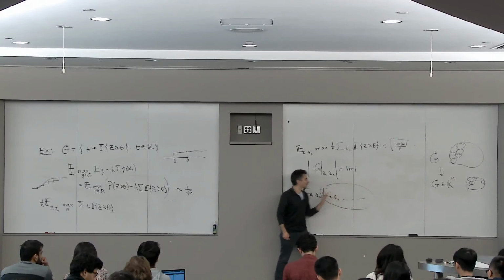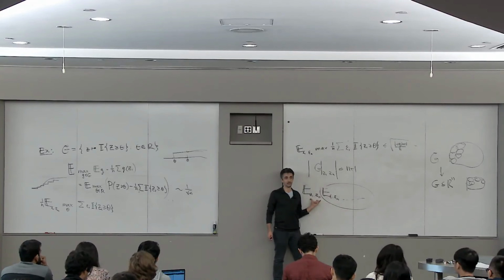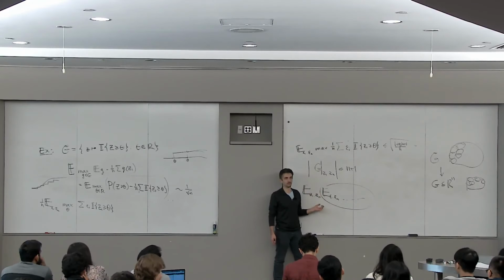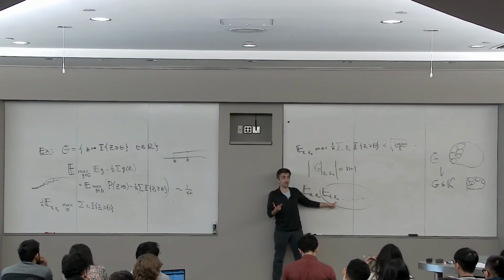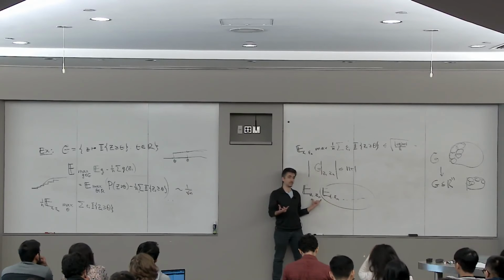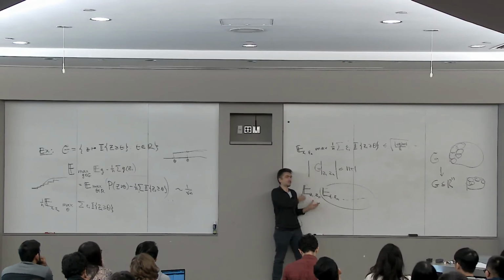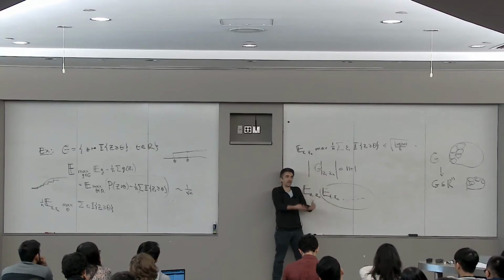If you get an upper bound on this which does not depend on the data, that's fine. That's all, right? There's an expectation sitting outside, it doesn't matter. If this is a constant, that's it. Now, you could get an upper bound here that actually captures some aspects of the data. And then you get an expected complexity that actually depends on the data.